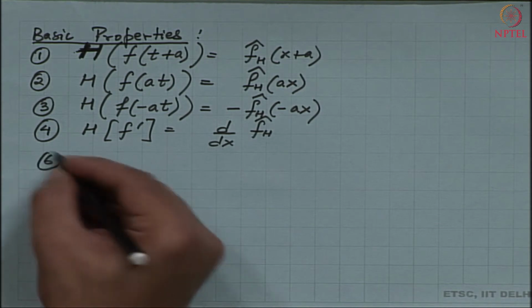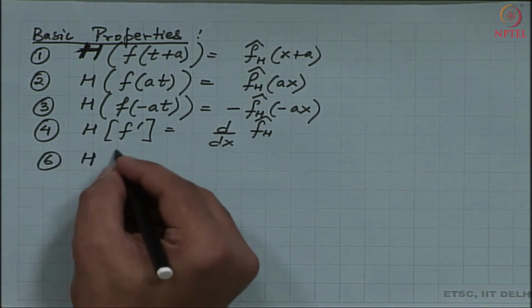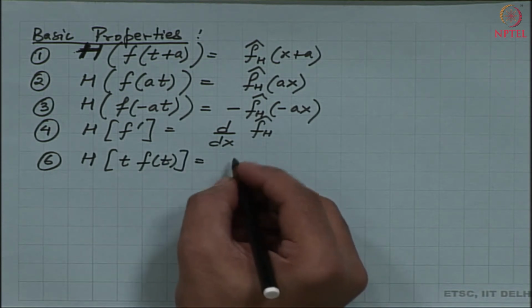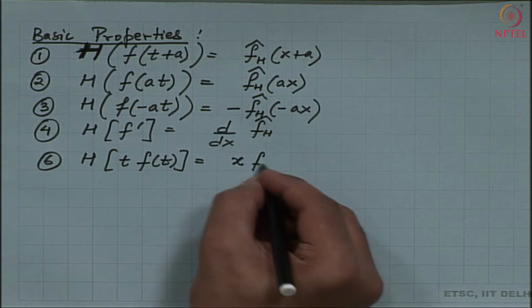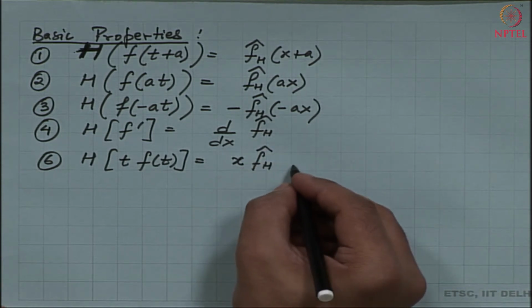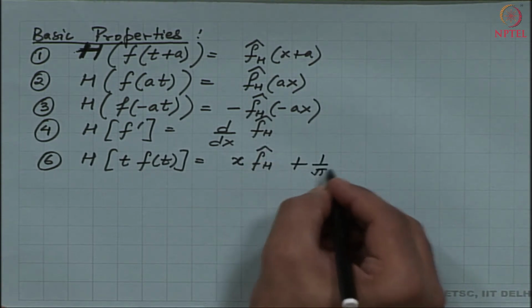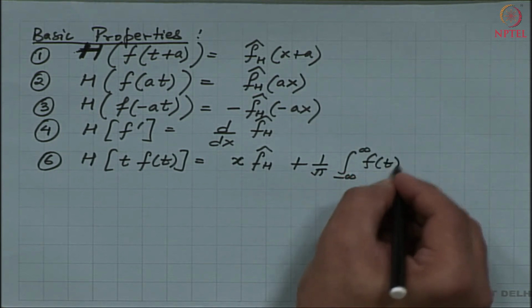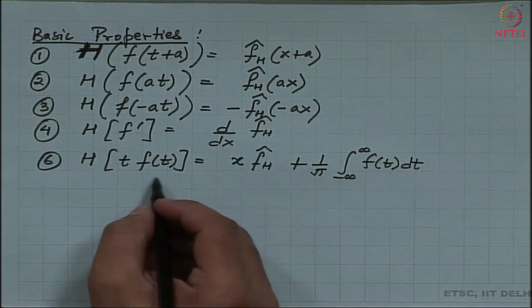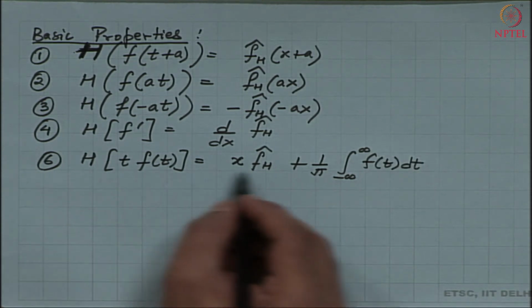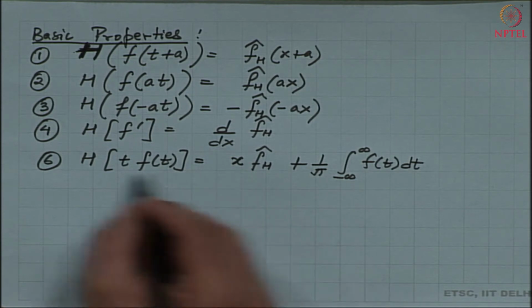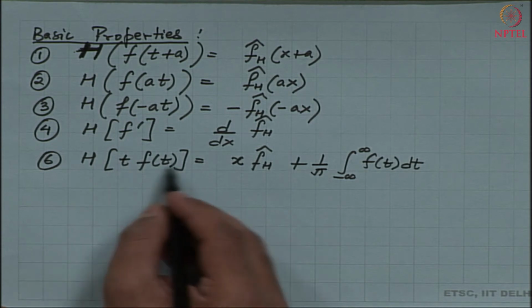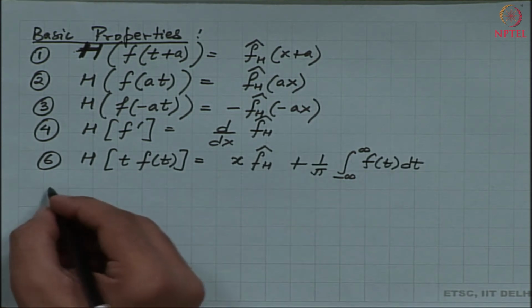The sixth property shows that the Hilbert transform of t times f of t is equal to x times the Hilbert transform of f plus 1 by pi times the integral from negative infinity to infinity of f of t dt. This particular property can be shown right away using integration by parts: use the definition of the Hilbert transform and integrate by parts to arrive at this result.